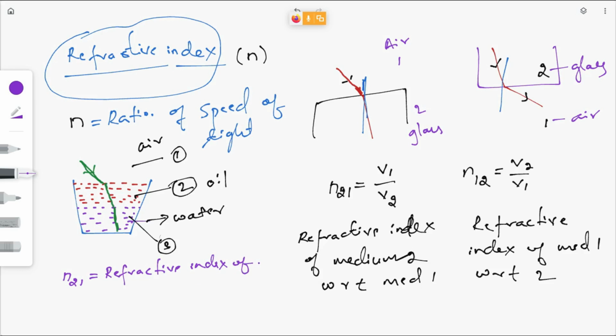Refractive index of oil, refractive index of oil with respect to... Water? Sorry, air. Air la. Medium 1 to medium 2.